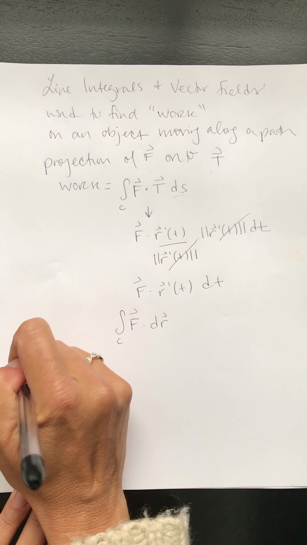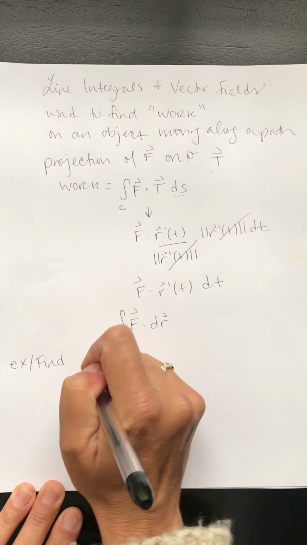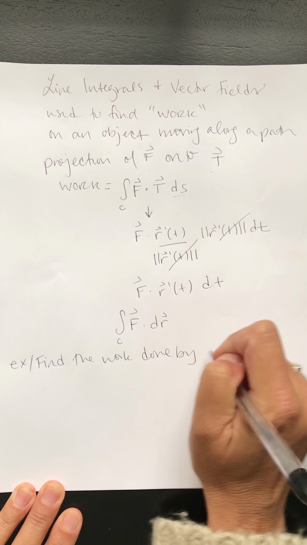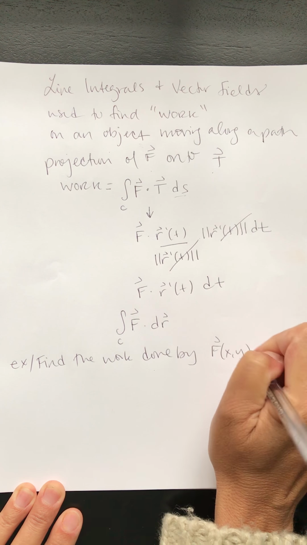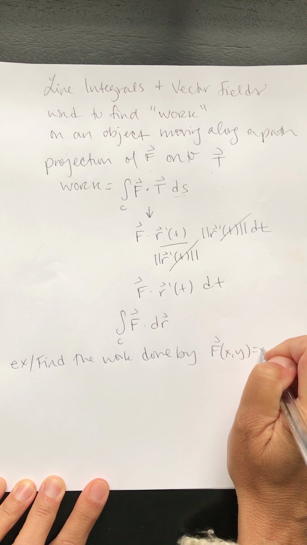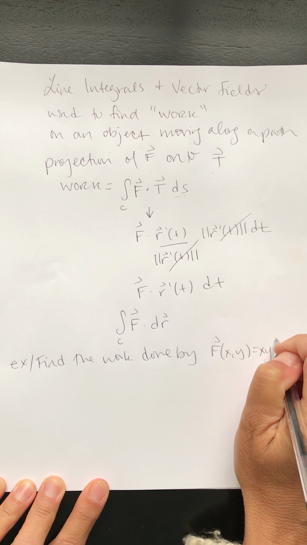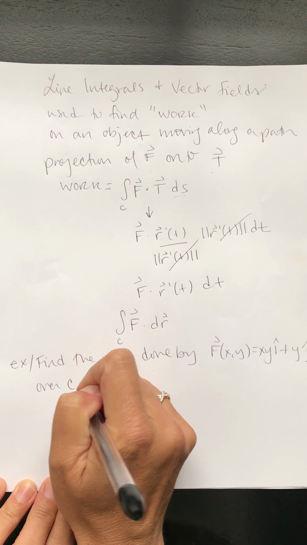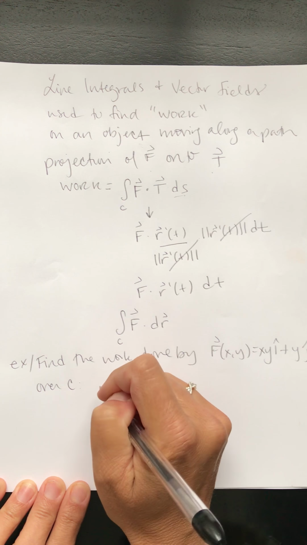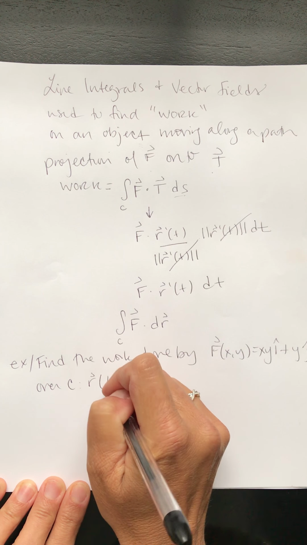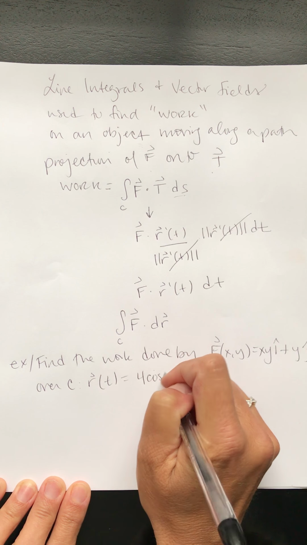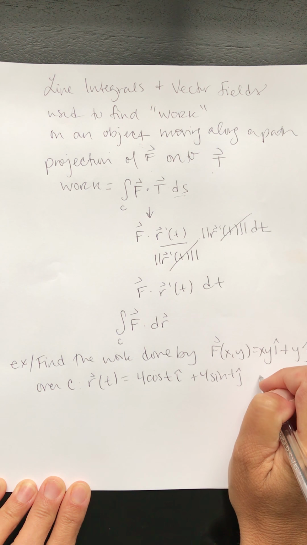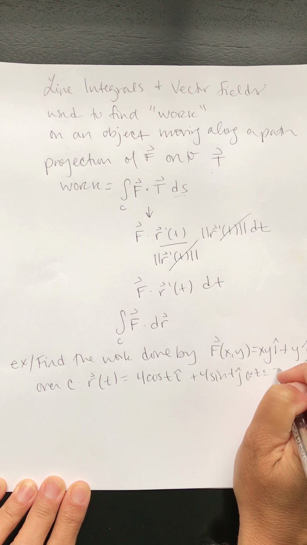So let's do an example. Let's find the work done by, let's just do two variables, F(x,y) = xy i hat + y j hat over C. Let's let C be, let's do a polar function, 4 cos t i hat + 4 sin t j hat, t between 0 and pi/2.